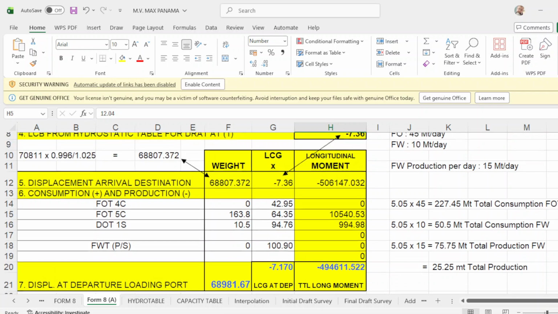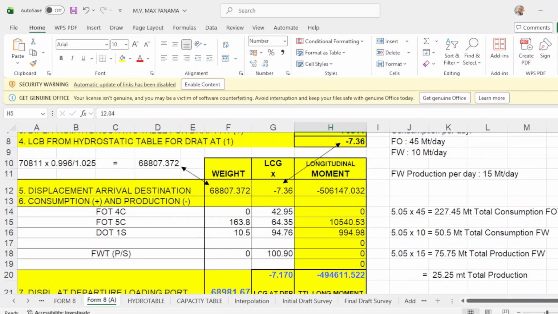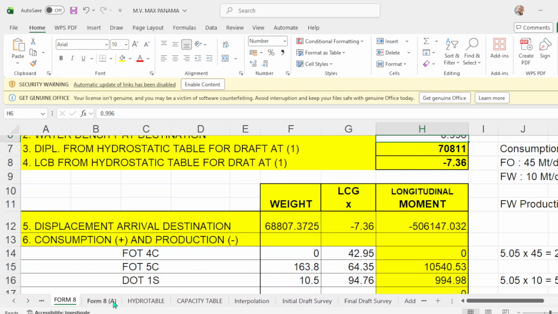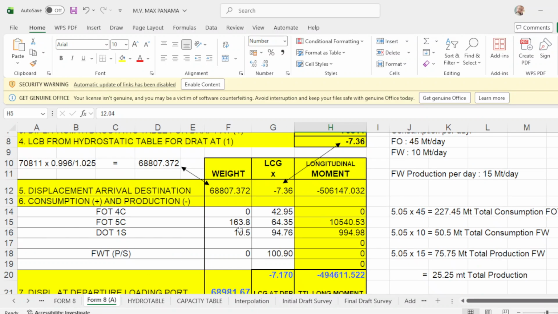Instead of consuming or consumption, you make this reverse, add the consumption.